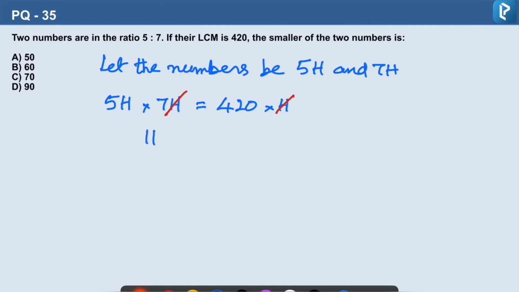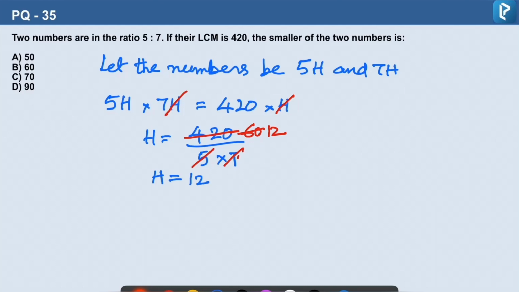On the left side H is remaining, equal to 420 divided by 5 into 7. So the remaining is 12. HCF is 12.